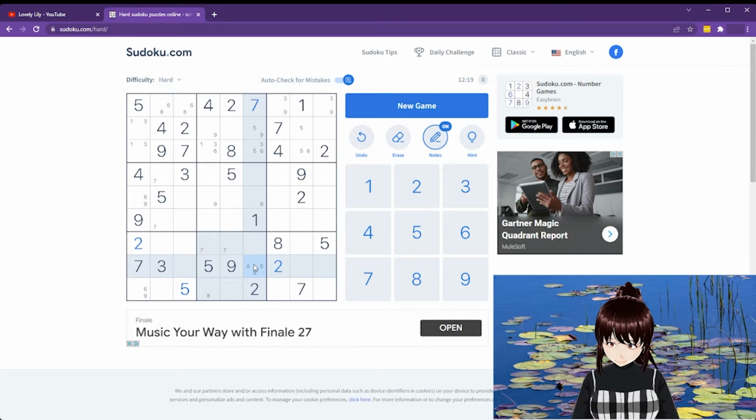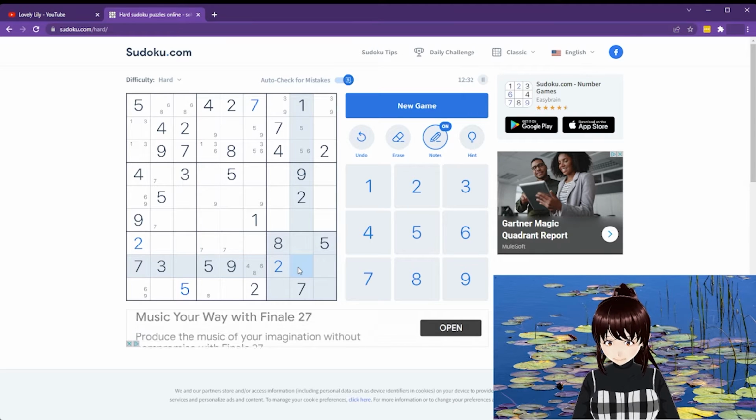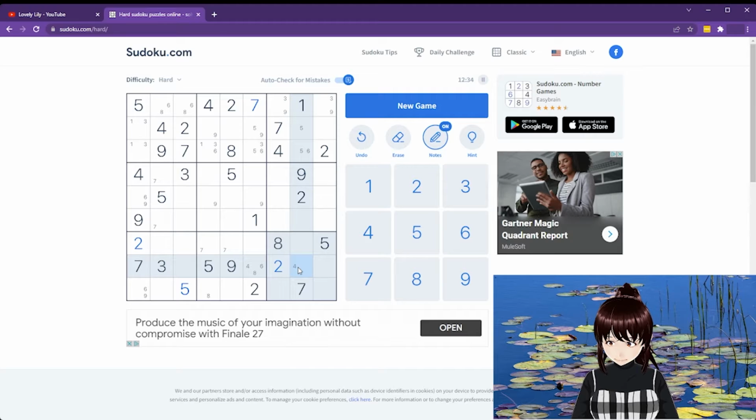I'm going to put these down anyway. Well, that was already there. So that has 4 in it, so I'm going to leave that. But here, we also have 4, 6, and 8. So that means one of these two is a 1.